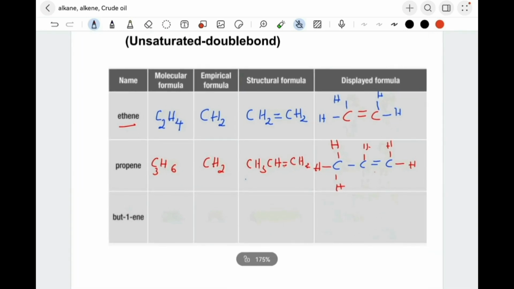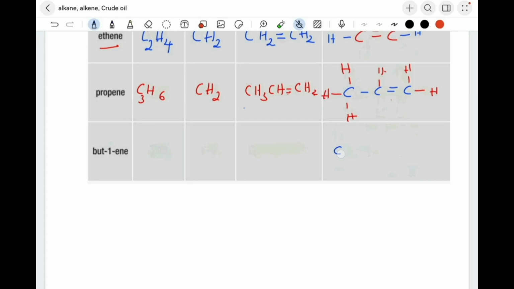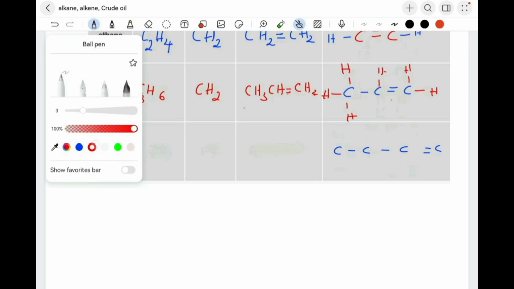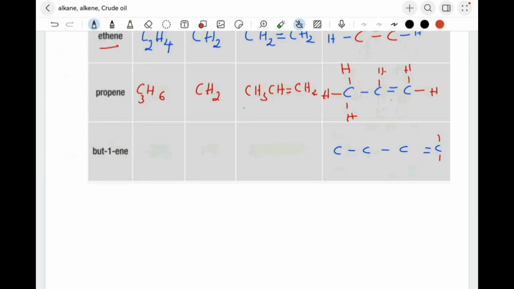The displayed formula for but-1-ene, we have 4 carbons, 1, 2, 3, 4, double bond on any one side. Fill the remaining part with hydrogen. Right side 2, in the center 1, the next one 2, here we need 3. Fill this with hydrogen.